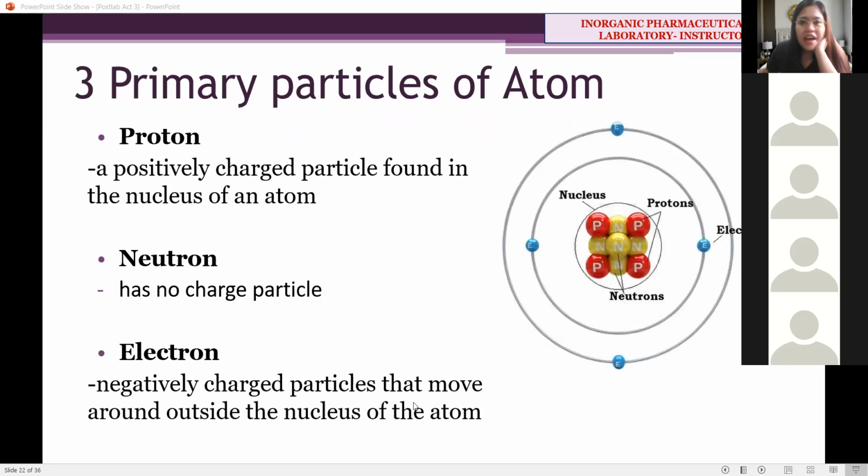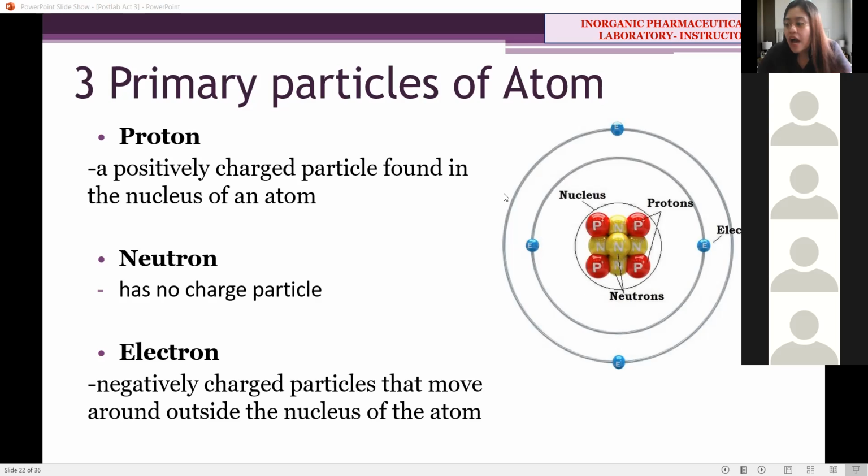Now we have three subatomic particles again of our atom. The protons are positively charged particles. Take note, they are found in the nucleus, at the center, our protons together with the neutrons. The neutrons are the particles with no charge. When we add protons plus neutrons, that gives us the atomic mass.